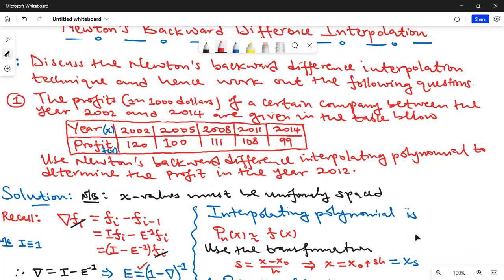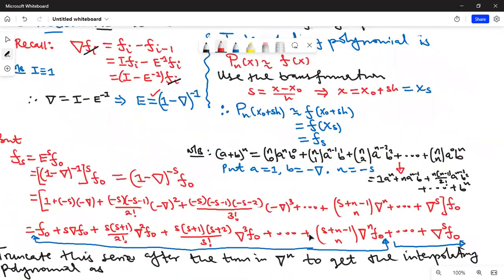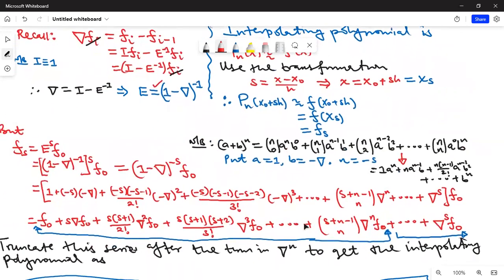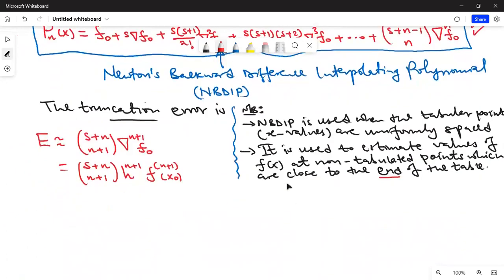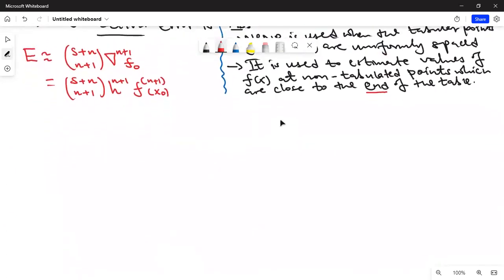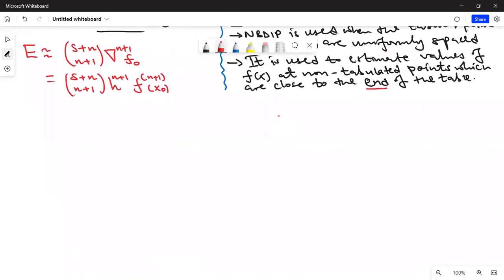So let's construct the table. Of course, there's a difference between the table of data which have been given and the finite difference table which we are yet to construct. So now we work out the question. So what we do here is to construct the finite difference table.